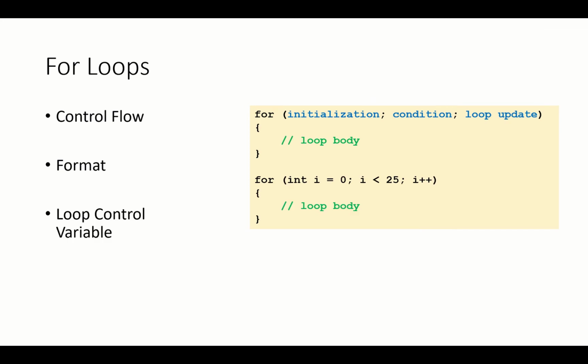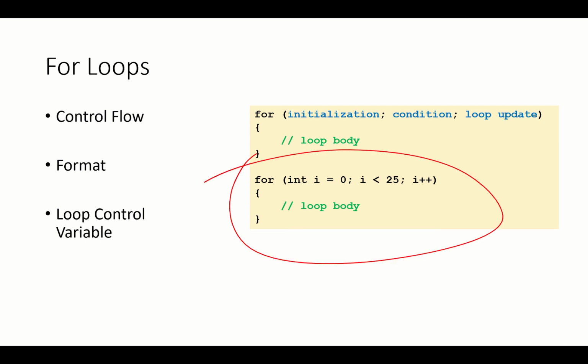Take a look at the example. We have initialization for the i. The i will be 0. And second step, we compare the i with 25.